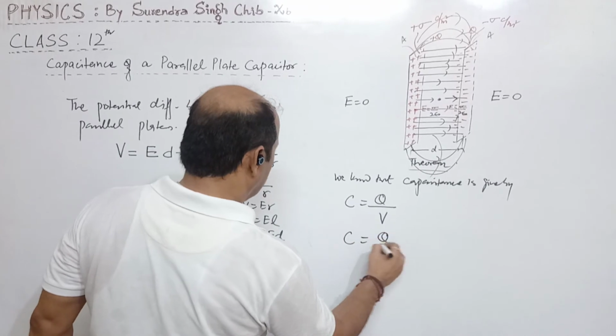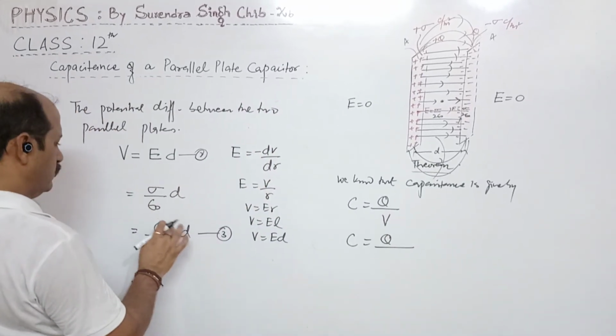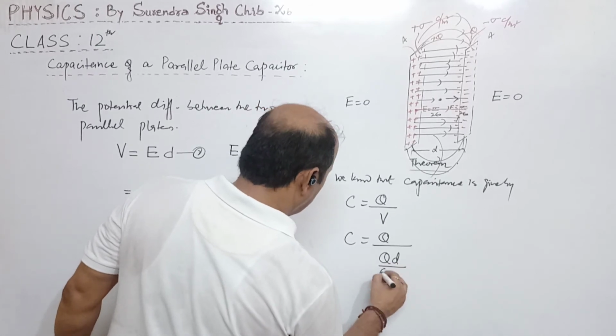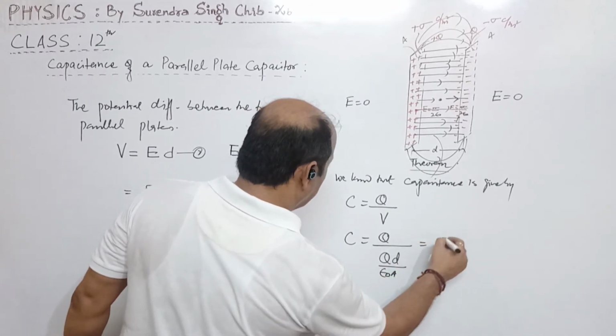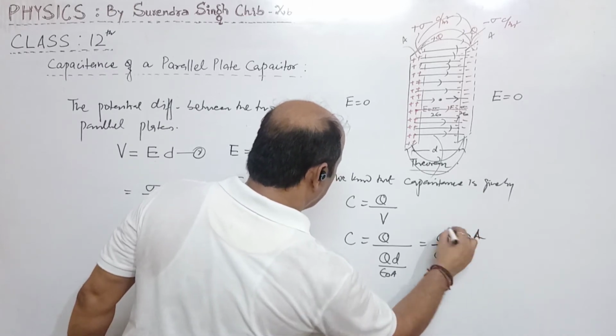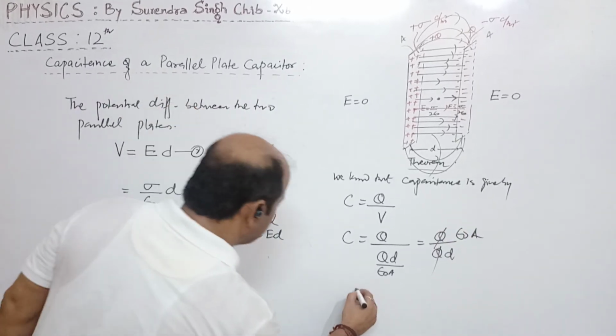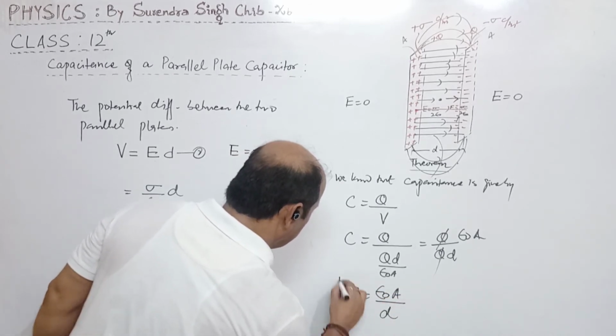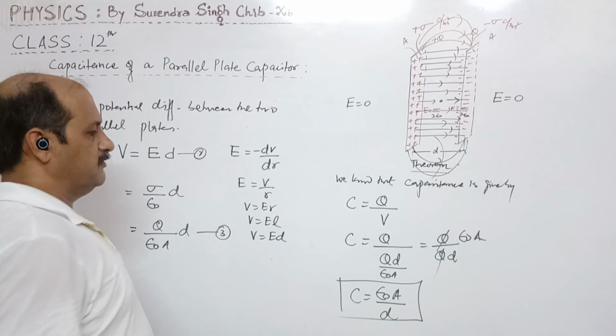So C equals Q divided by Q D upon epsilon naught A. The Q D goes to the denominator, and solving this, C comes to be epsilon naught A by D. This is the required formula.